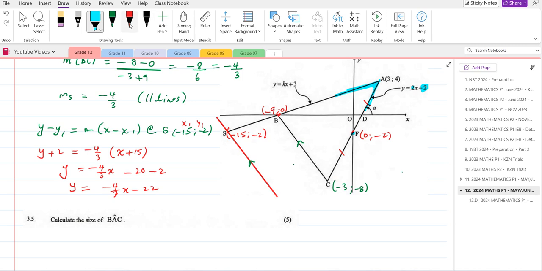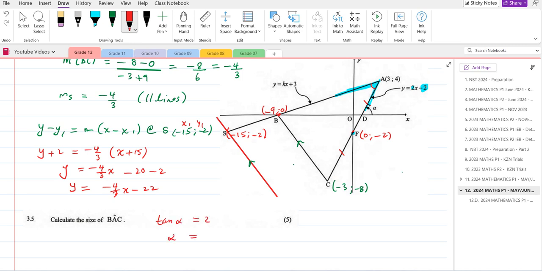So all we need to do is calculate the gradients and the angles of inclination. Now at angle A, line AB and AC are meeting up. So what's the gradient of line AC? It is 2. So we're going to say tan alpha equals 2.